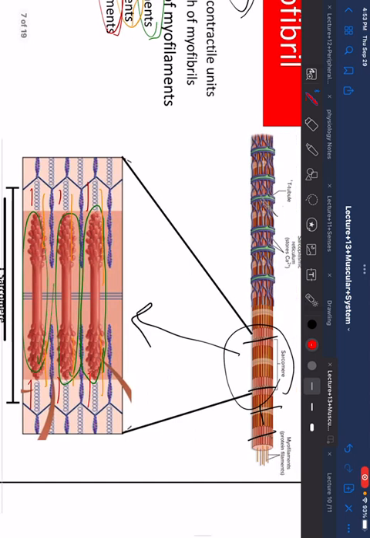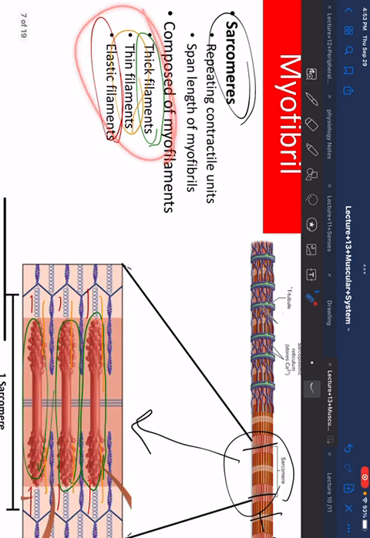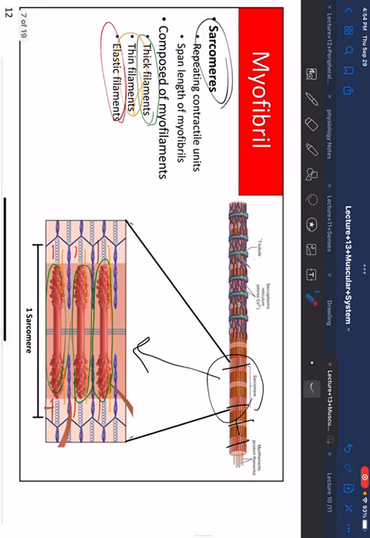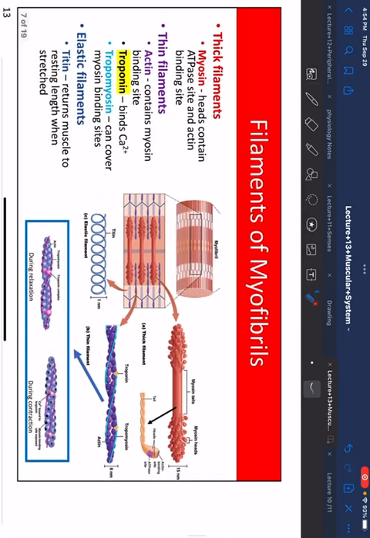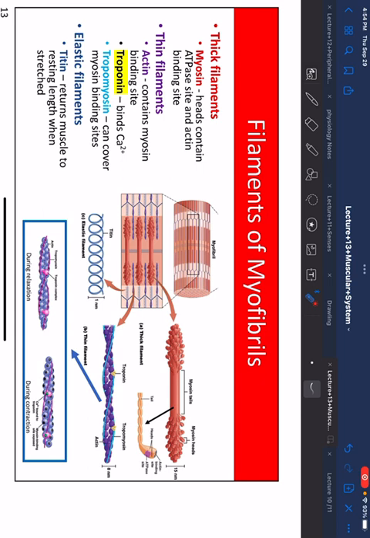On the next slide, we're going to look at these three myofilaments a little bit more closely. Let's start with the thick filaments. You should see that the colors are matching. Red here shows you the red thick filaments in the sarcomere.